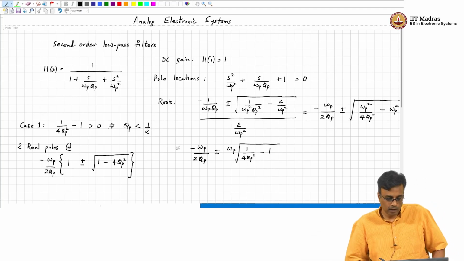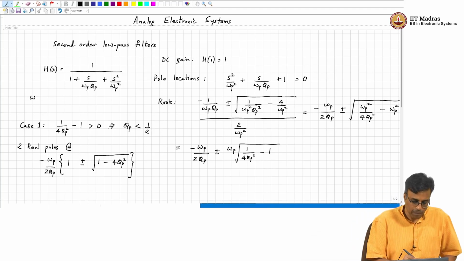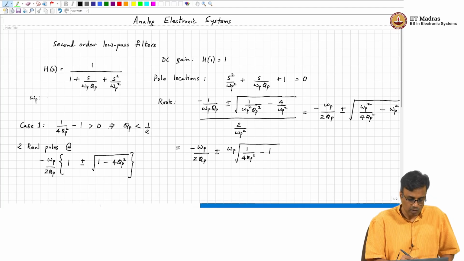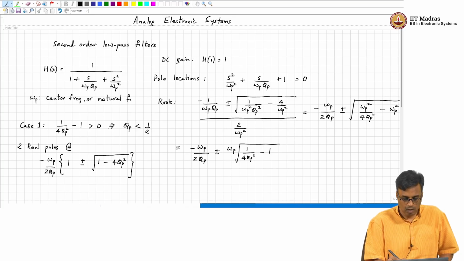Okay. All right. By the way, this omega p is called the center frequency or the natural frequency. Q p is called the quality factor.